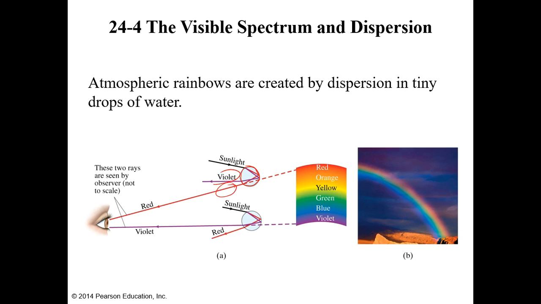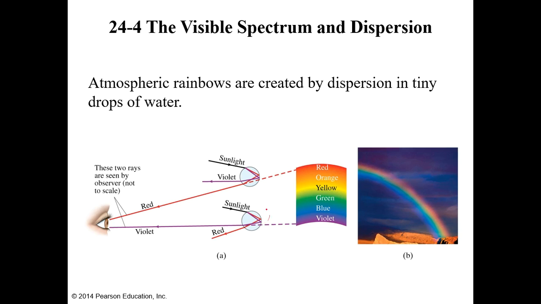But then you look at a rainbow, you say, no, that's not right. The red is on the outside. Well, rightly so. But for the upper raindrops, because they're higher, the violet rays just pass straight over your head, while the lower red rays are the ones that reach your eyes.